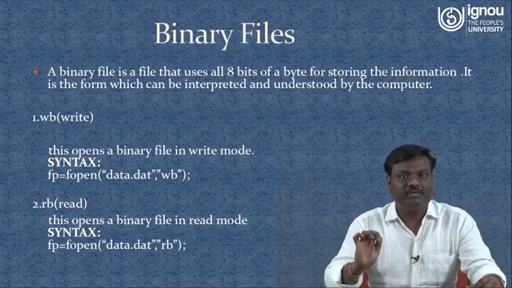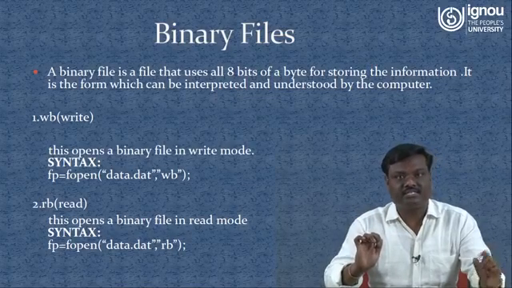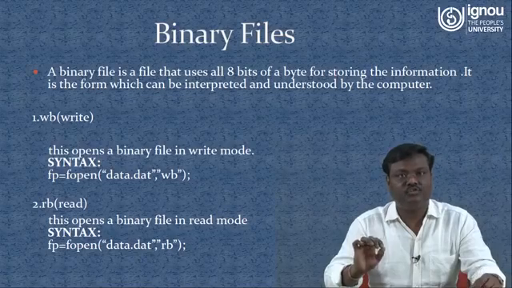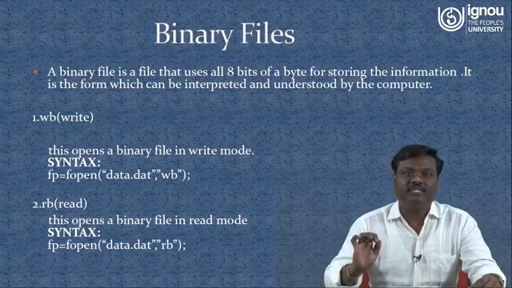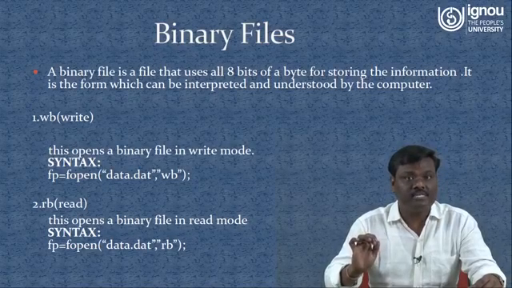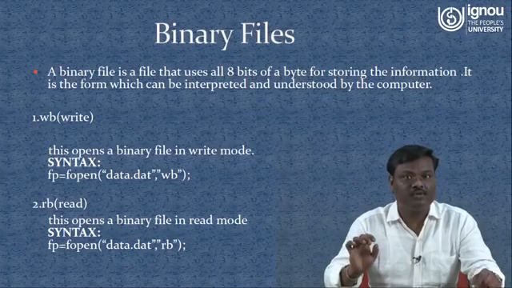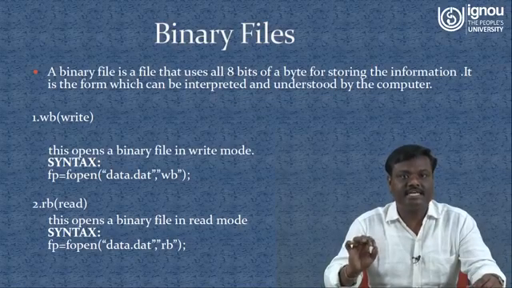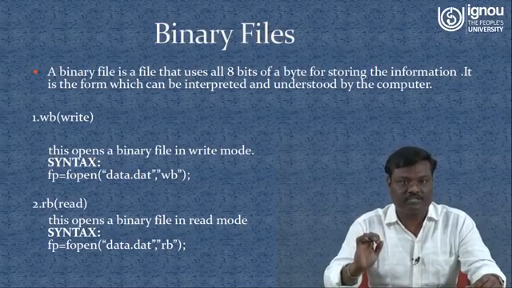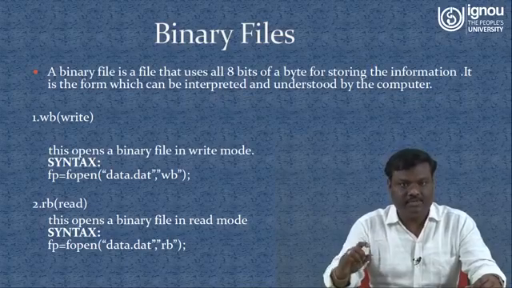So W itself is the write mode for a text file, right? But when you work with a binary file, you should write WB. Compulsorily you should write WB within the double quotes as the second argument for the fopen function. You can see a simple example here. FP is the file pointer.